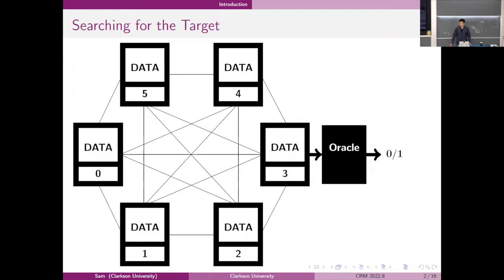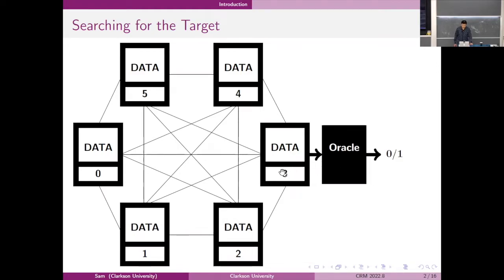I cannot see what the target is, and I can only use it to check box by box. We call this black box an oracle. It takes the address as an input and outputs yes or no, or 0 or 1, depending on whether this data is the target or not. So we can check the boxes one by one.